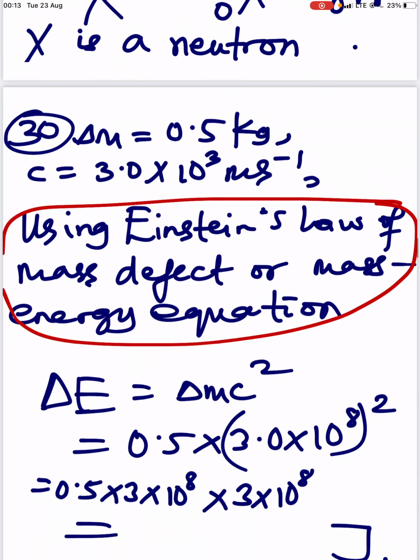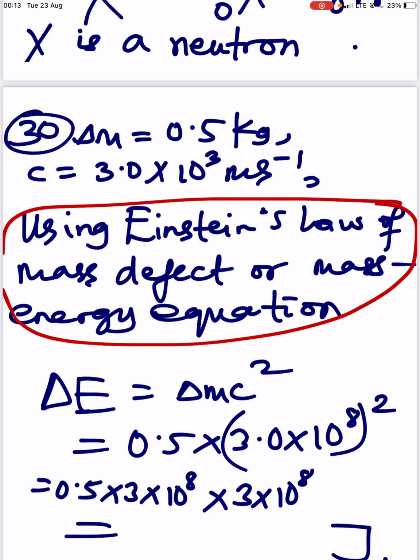In number 30, we go to one part of radioactivity that is called nuclear energy emission, or Einstein's law of mass defect.